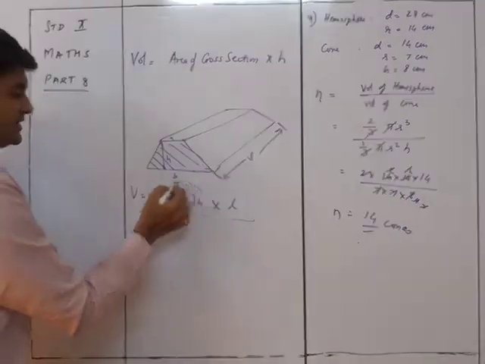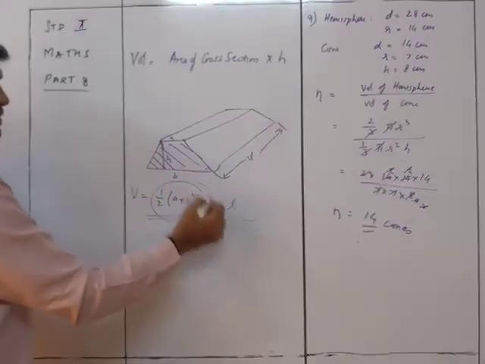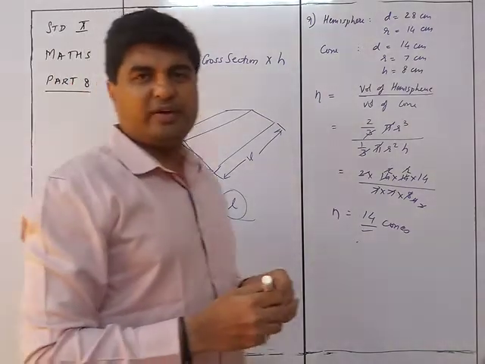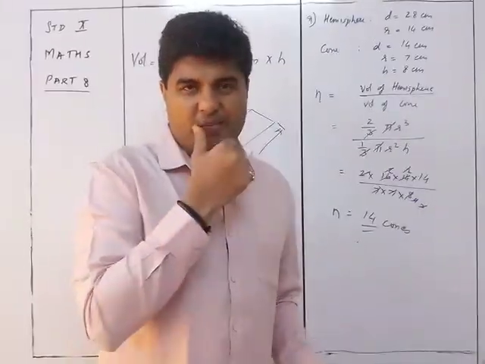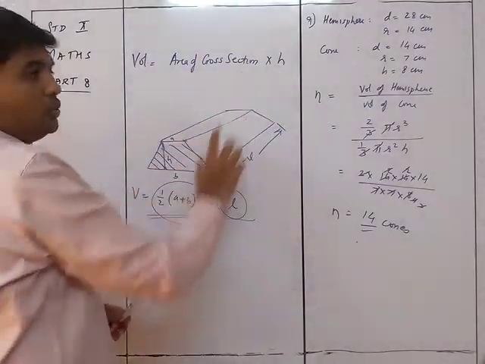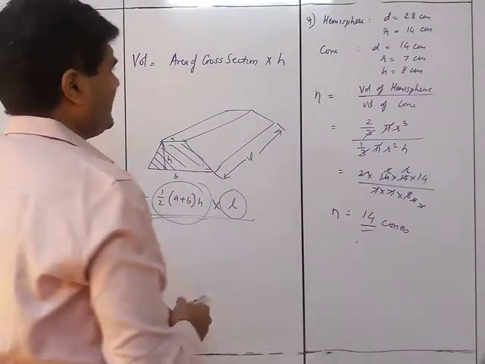So this is nothing but the area of cross section into the length, or you can say the height, depending upon whatever the figure is, whether it's a length or a height. So it is basically the area of the cross section into the length. We'll take it as length also, not a problem.